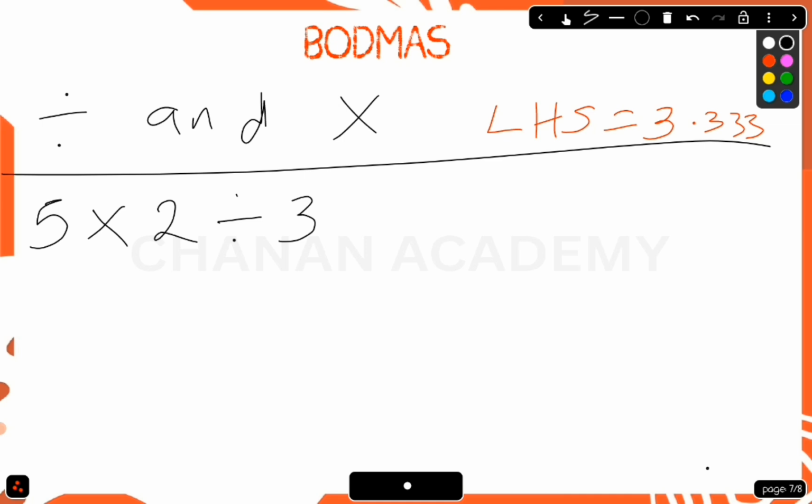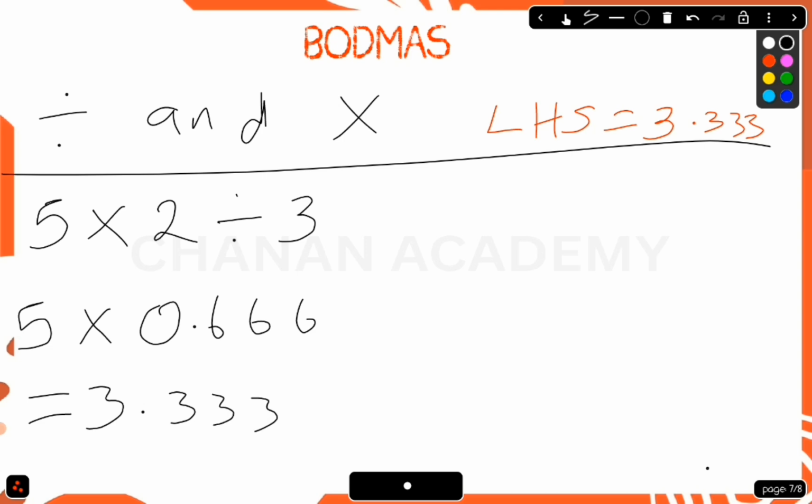Let's say 5 multiplied by 2 divided by 3, the result will be 0.666. 5 multiplied by 0.666, the result is 3.333. So our right hand side is also equal to 3.333.